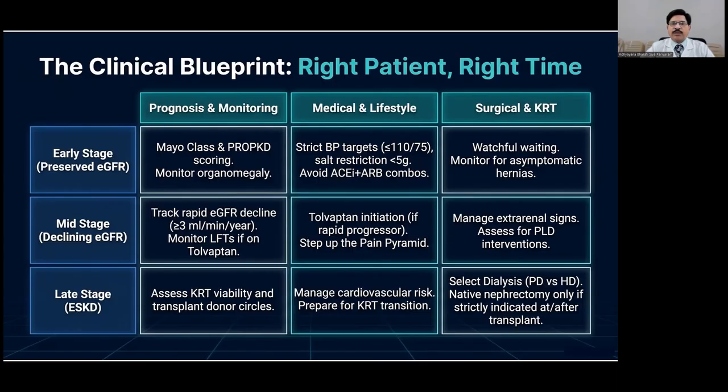Okay, medical and lifestyle: BP target, salt restriction, avoid combination of ACE inhibitors and ARBs. Now, watchfully waiting for the kidney replacement therapy, monitor for asymptomatic hernias. Then, if you have a mild stage, declining GFR, that means track the rapid GFR decline of more than 3 ml per minute per year, monitor the LFTs if on tolvaptan. Tolvaptan for rapid progressors, we are justified in giving tolvaptan.